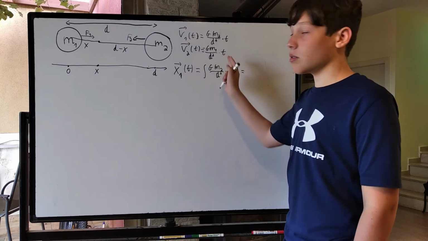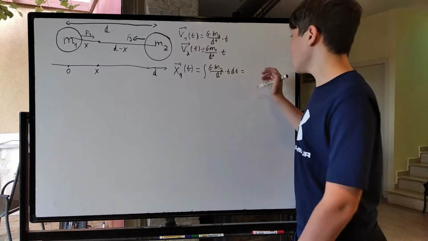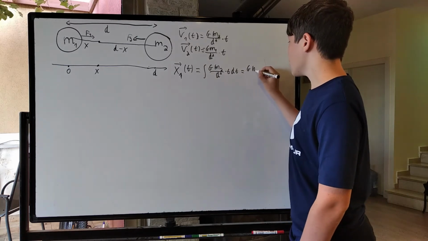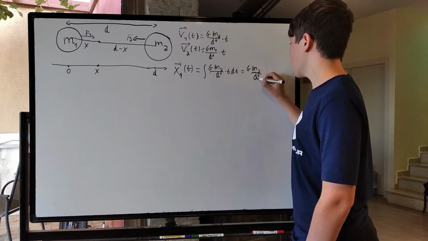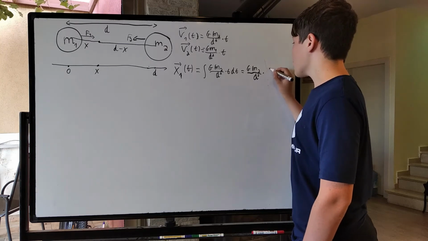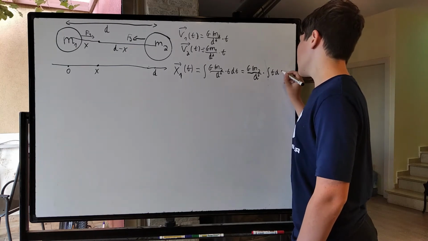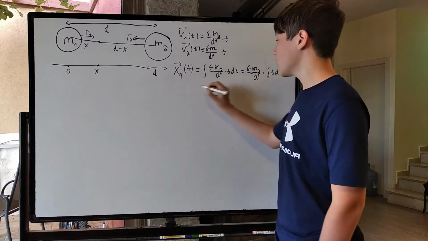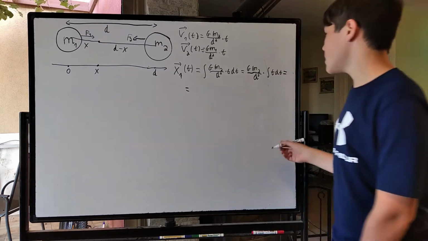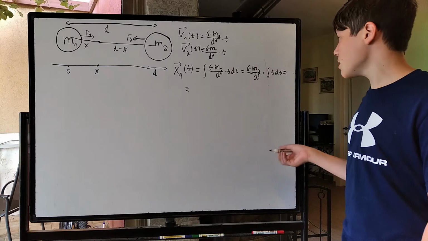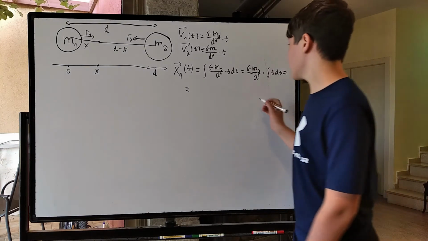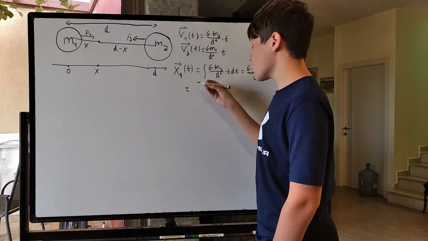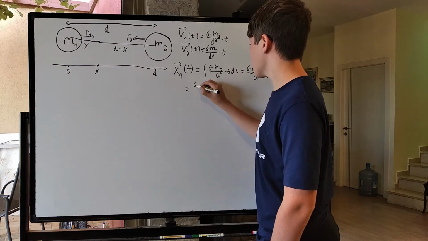This is a constant when we're in the world of t, so we can say this is gm2 over d squared times the integral of t dt, and the integral of t dt is t squared over 2 plus some constant.